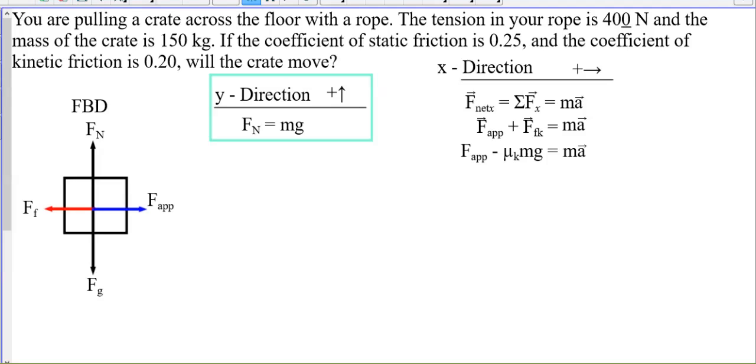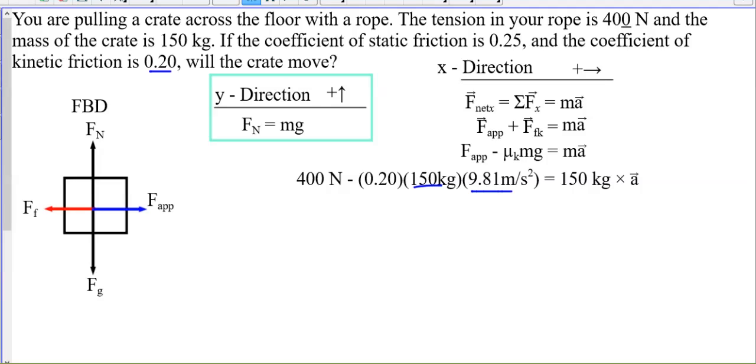So my applied force minus my friction, which I still have to calculate, should be equal to my mass times acceleration. Plugging in all the numbers, you've got 400 newtons minus my coefficient of kinetic friction, 0.2, multiplied by the mass of the object, multiplied by the acceleration of gravity, should be equal to the mass of the object times this unknown acceleration that we're trying to find.